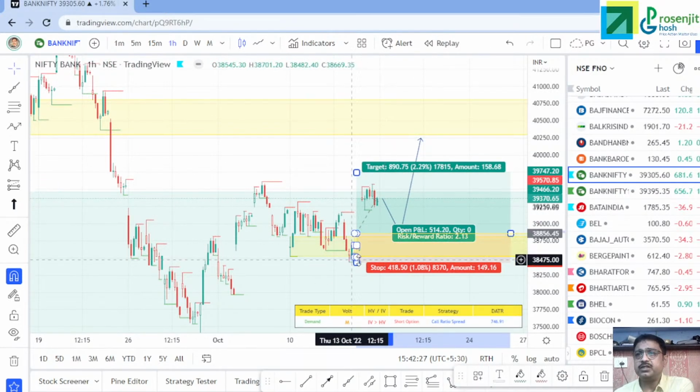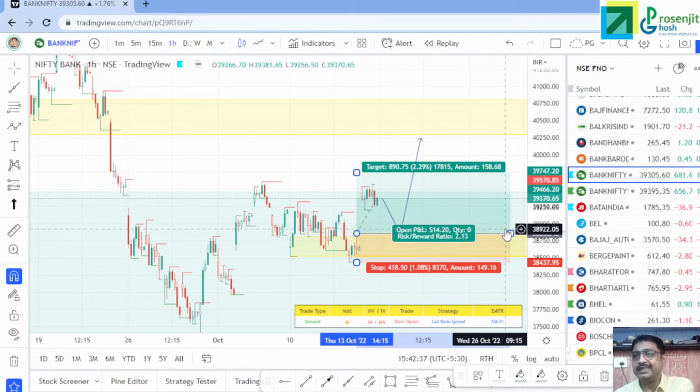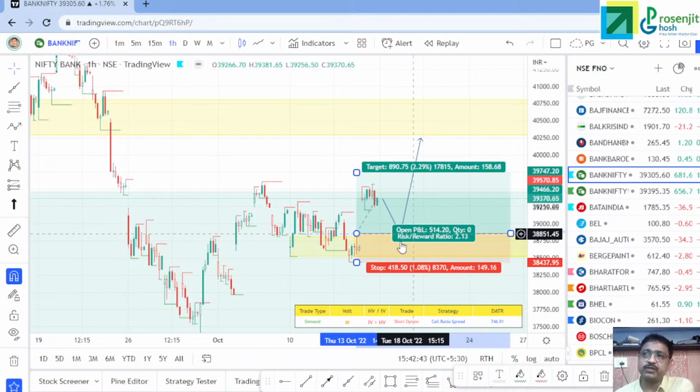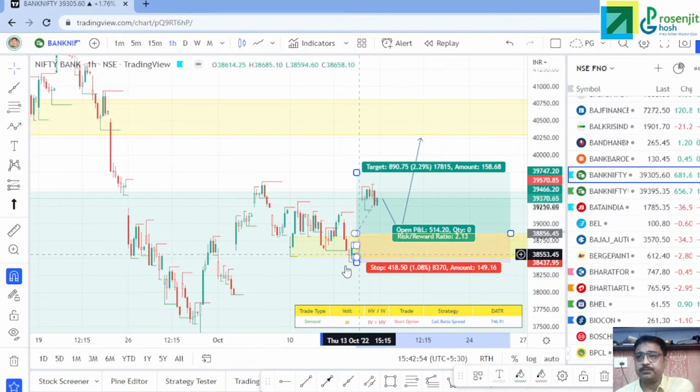So this is a trap zone, and I will put my entry at the trap zone, and I will wait for price to come down to my entry. Once it hits my entry price, then only I will be entering. So what is my entry price? 38,856.45. If it doesn't give a fill, no matter, I will not take a trade. But if it gives me a fill, I will be in a trade.